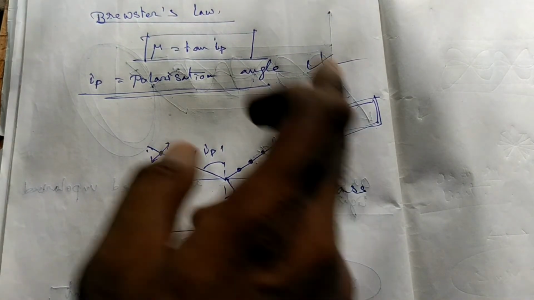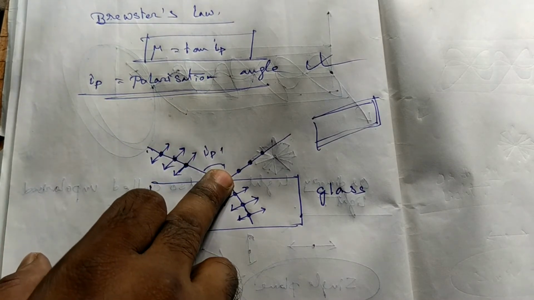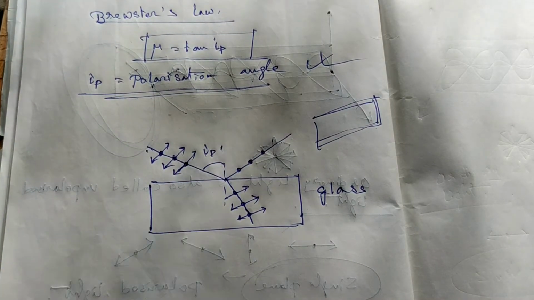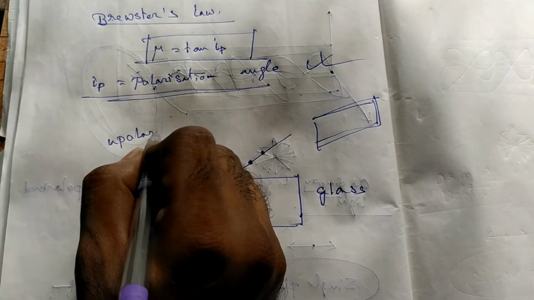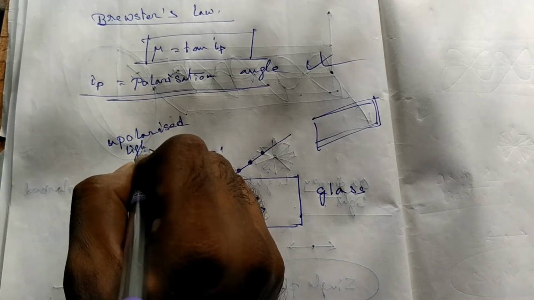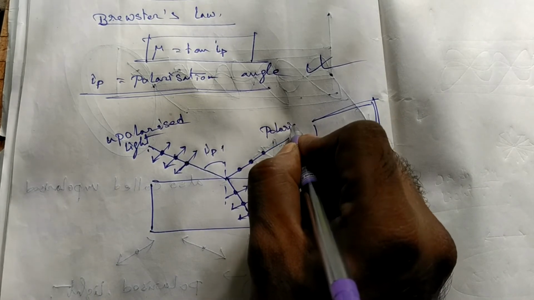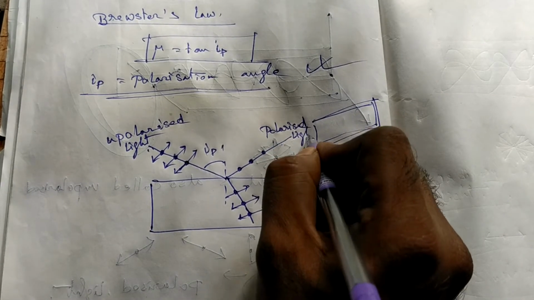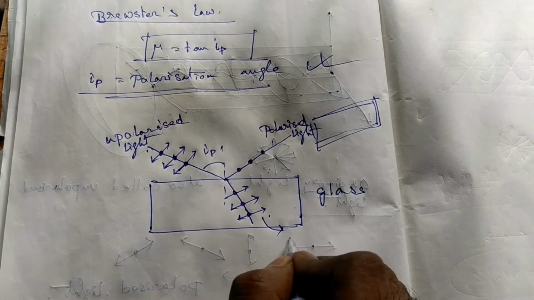This happens when the wave is incident at the polarization angle of that material. This is actually polarization. This is the unpolarized light. This is the polarized light. This is the partially polarized light.